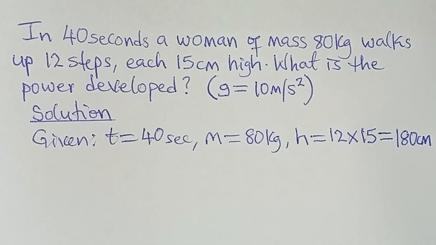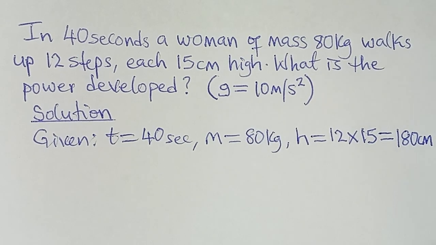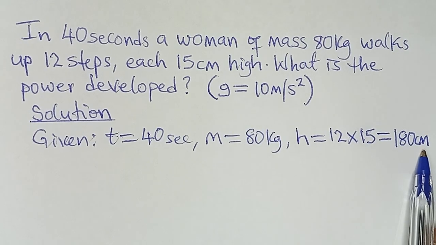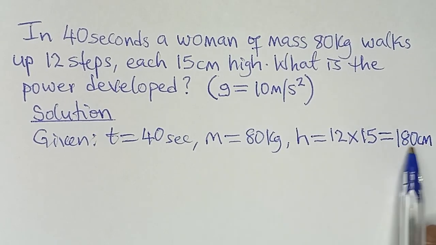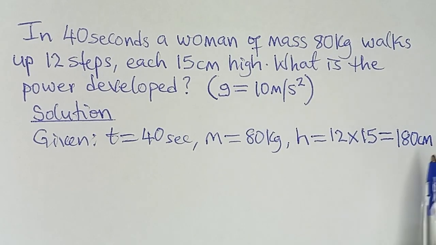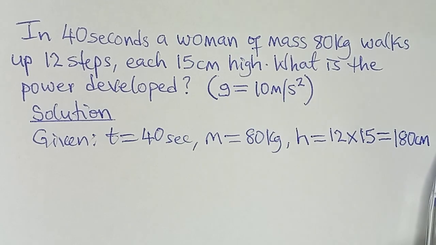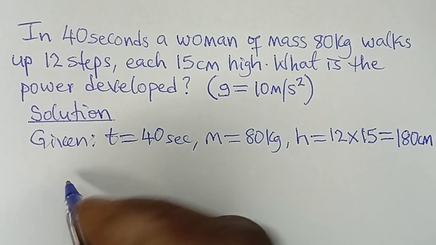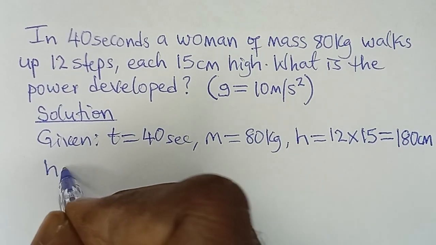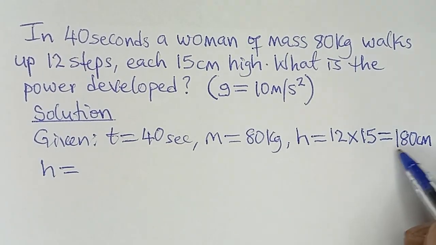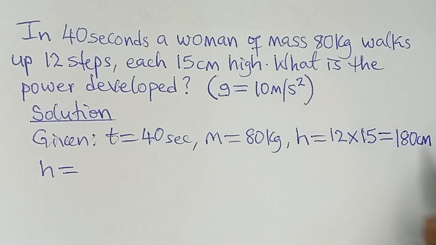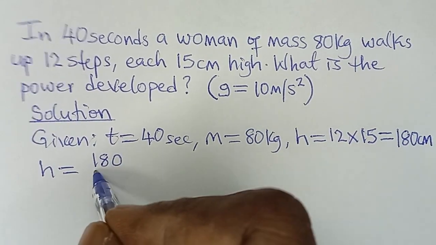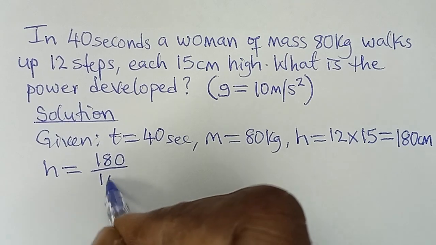But in physics, the SI unit for distance, which is what we have here now, this height is distance. So the SI unit for distance is not centimeter but meter. So we can finally say that the height will be equal to, we have to convert this 180 centimeter to meter, and that will be 180 divided by 100.